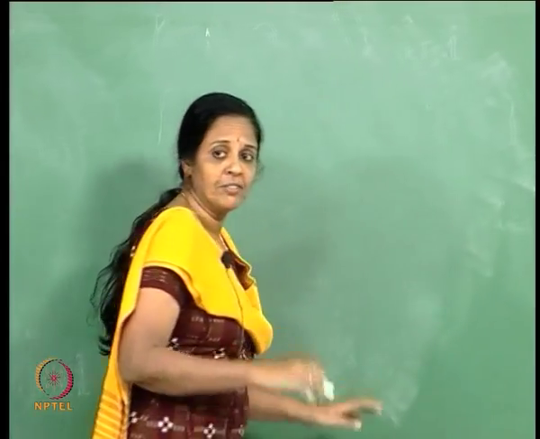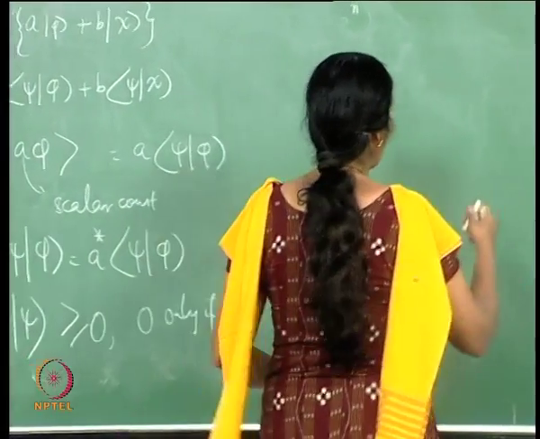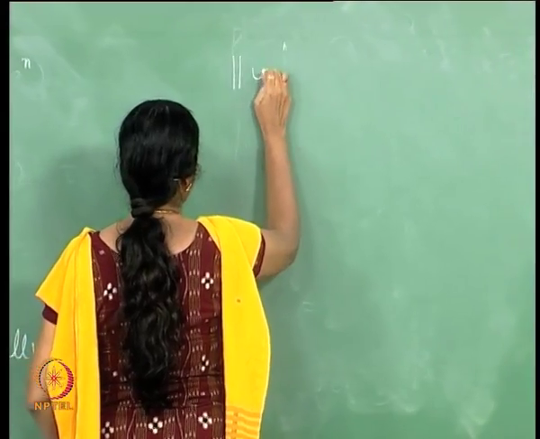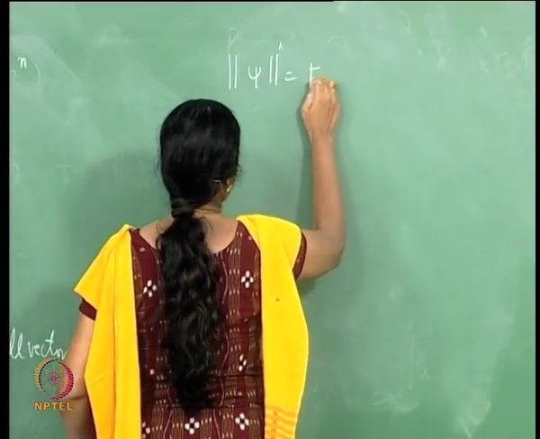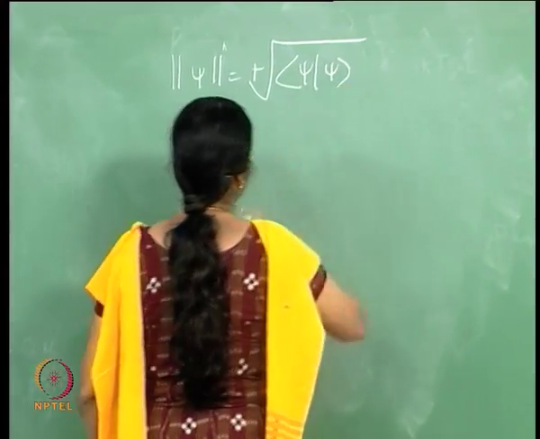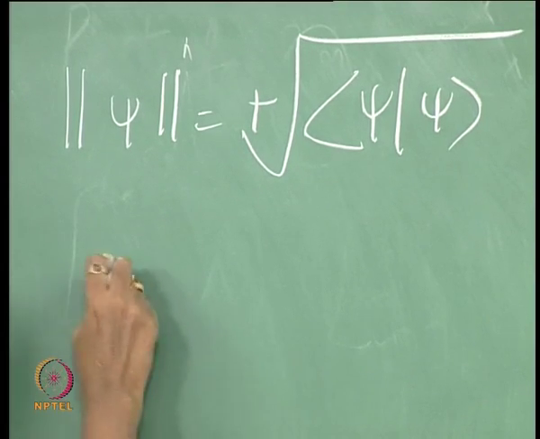We will be dealing with infinite dimensional spaces where the inner product structure is defined, and we would also need the concept of a norm or the length of a vector. So norm psi is the positive square root of psi with itself. This is simply an extrapolation of what we already know.